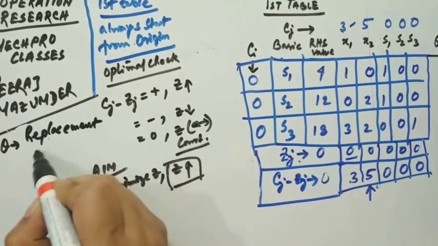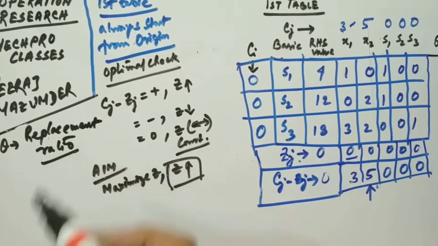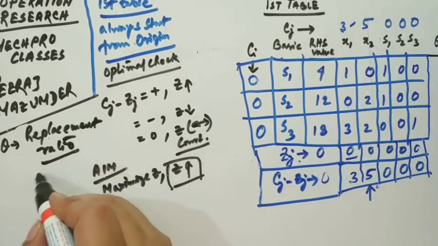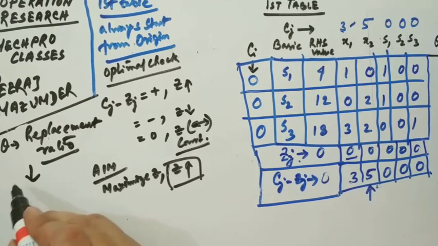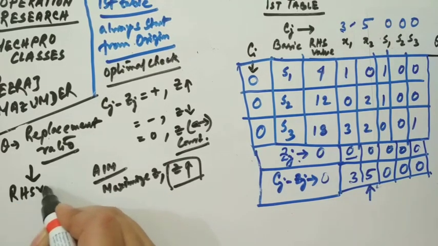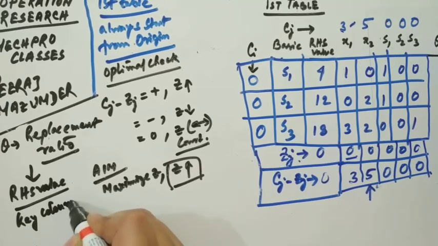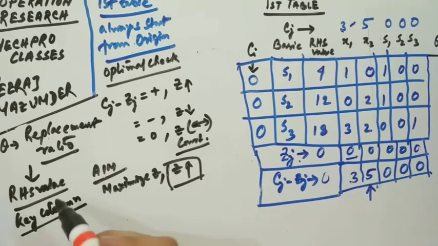How to calculate theta? This replacement ratio can be calculated as the RHS value divided by the key column. Now you know the RHS value, but you don't know the key column. So how to find the key column?